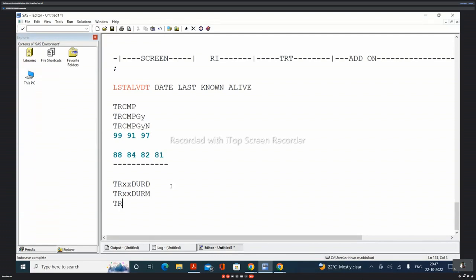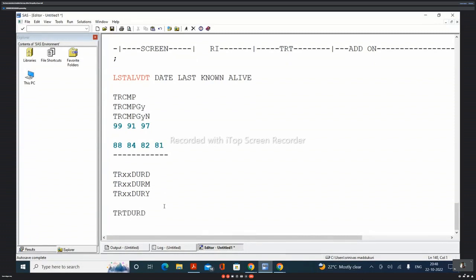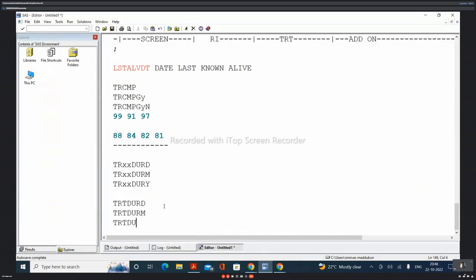Then we are going to have TRXX duration in years. Okay. Now, when we have sub-treatments, we are going to have this one. What is the overall treatment duration? TRT duration in days. And then we are going to have TRT duration in months. Then TRT duration in years.